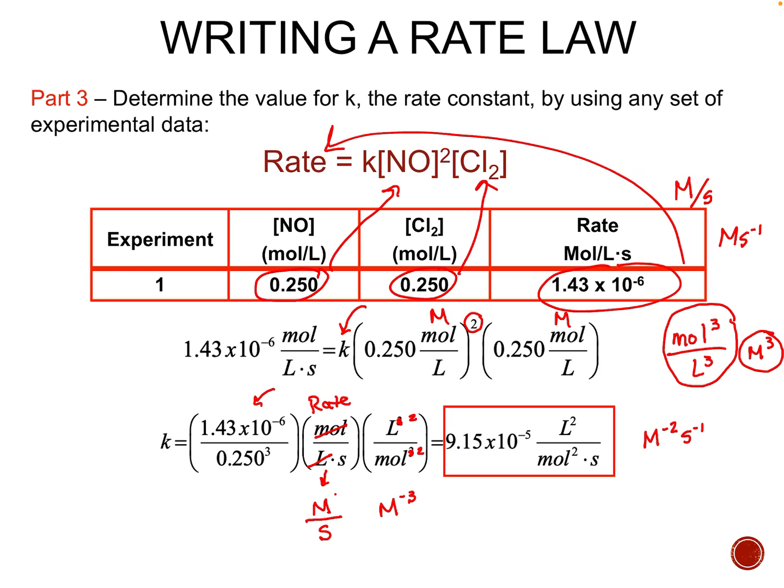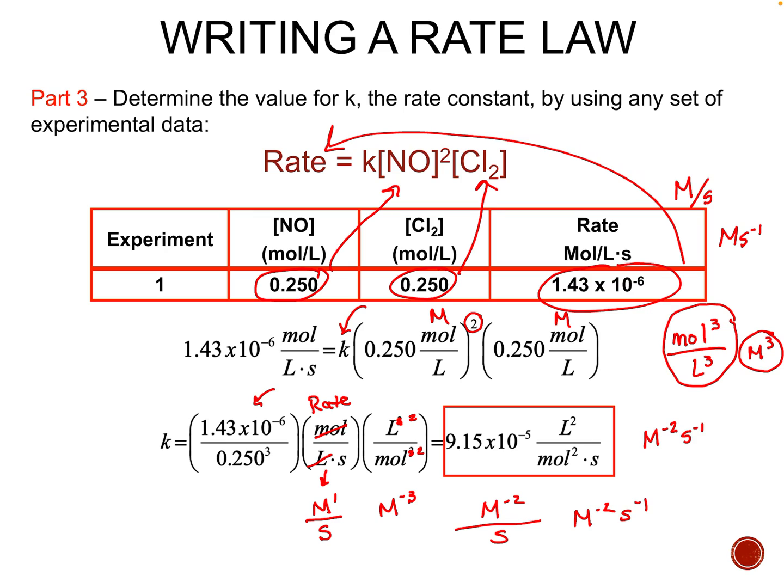So you have molarity to the 1, essentially, times molarity to the -3, which gets you molarity to the -2 over seconds, or molarity to the -2, s to the -1. I've written it lots of different ways on the lecture worksheet, so whichever way of writing the units makes the most sense to you, go for it. They all mean the exact same thing.